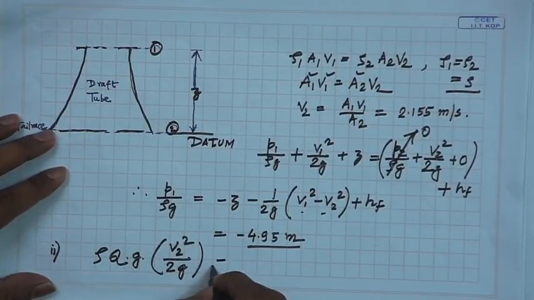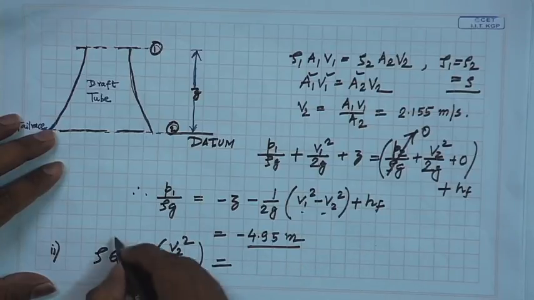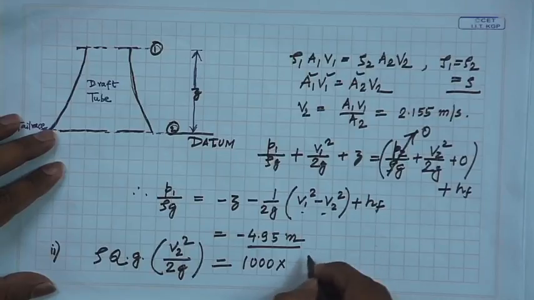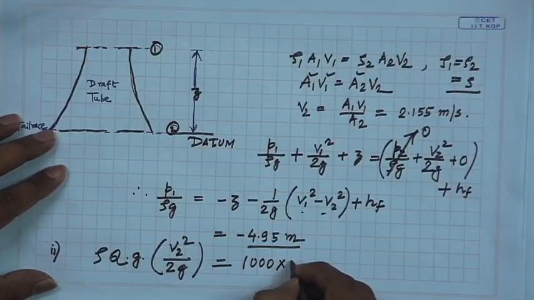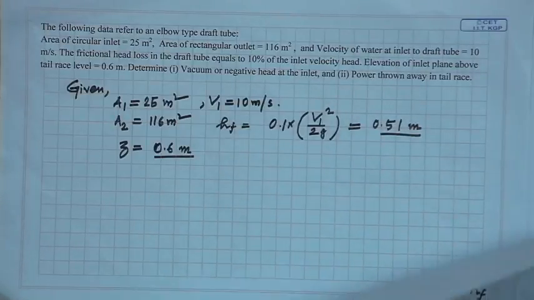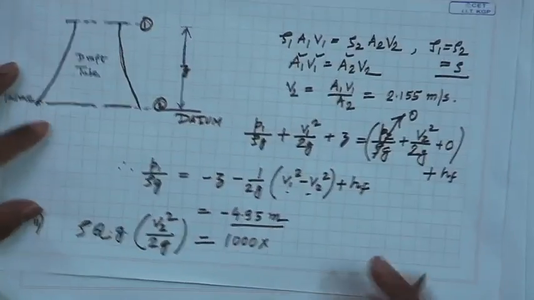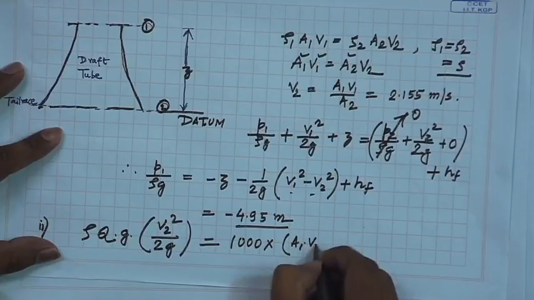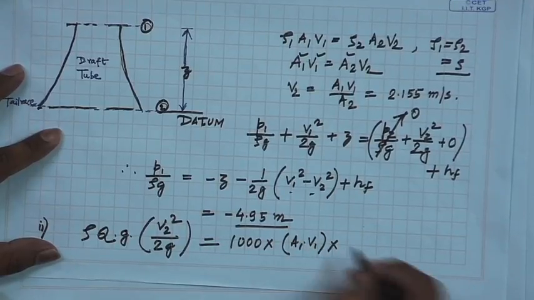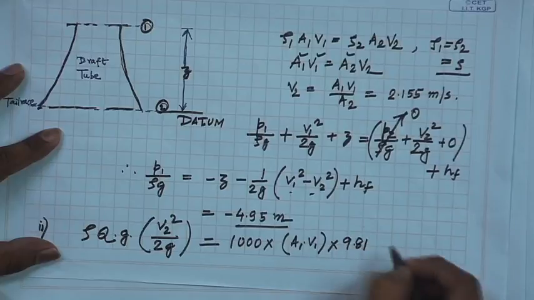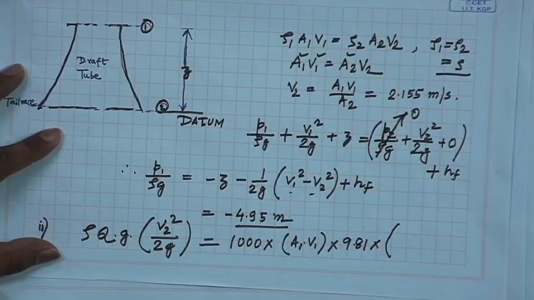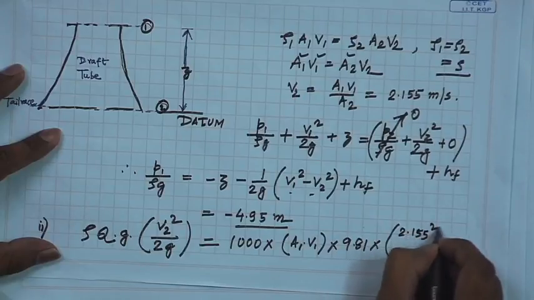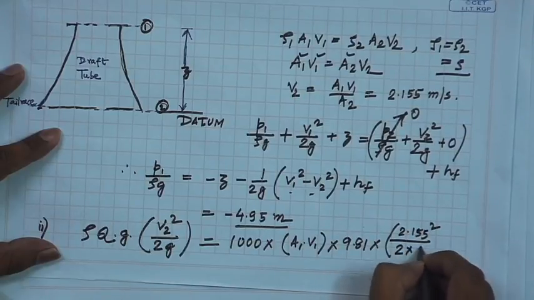Substituting all the values here, we have 1000 into Q. What is the value of Q? The value of Q is nothing but the product of A1 into V1, into 9.81, and V2 we have found as 2.155, square by 2 into 9.81.